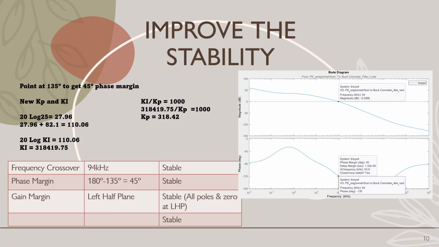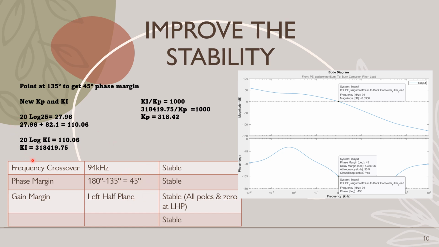So next we need to improve the stability of our converter. To improve it, we need to make sure that the phase margin is equal to 45. So from 108, we're going to drag the point to 135 to get the 45 phase margin.